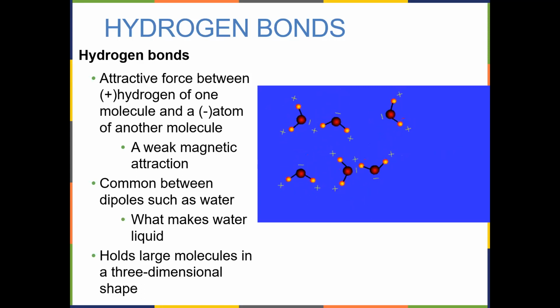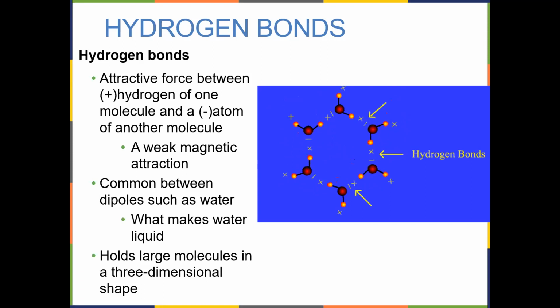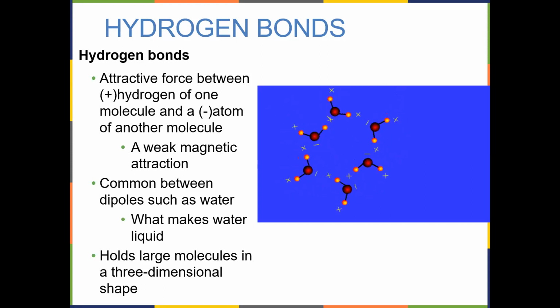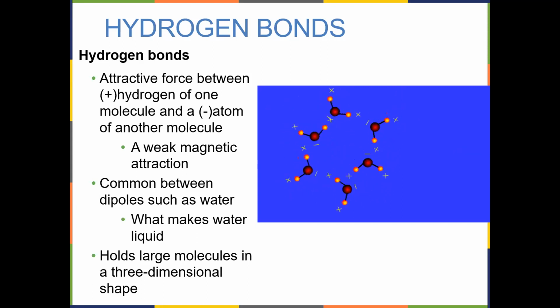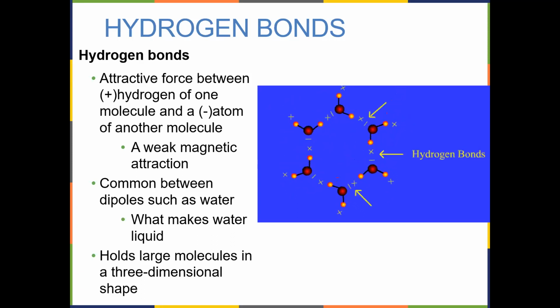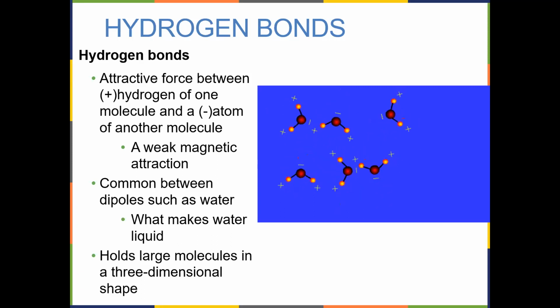Hydrogen bonding also forms the shape of large molecules. Large molecules are twisted around in their specific shape thanks to hydrogen bonding that occurs between various smaller molecules within the large molecule.